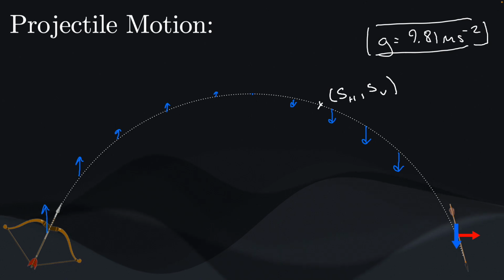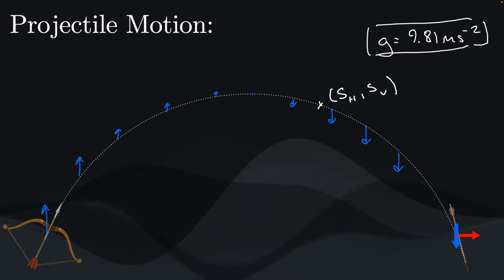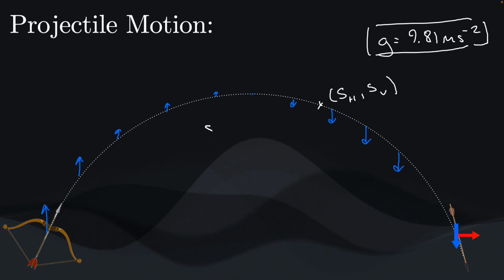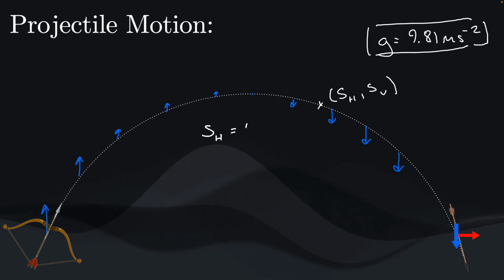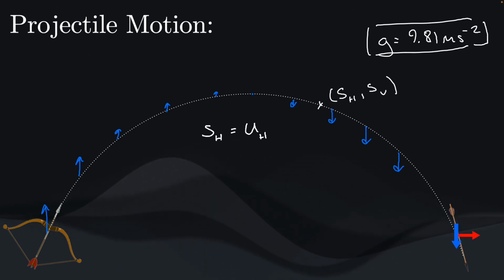In the horizontal axis, this red arrow shows that there's a constant velocity. Remember our displacement-time and velocity-time graphs: because velocity is constant, we can just say that S of H is equal to the initial horizontal velocity, which is the same as the final horizontal velocity, u of H, times the time. That's it.